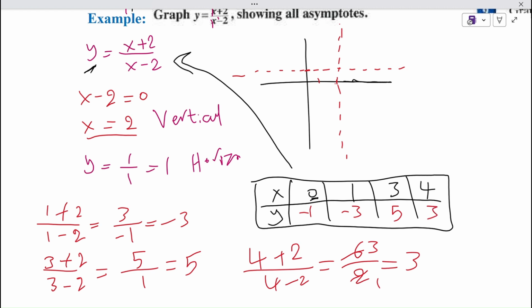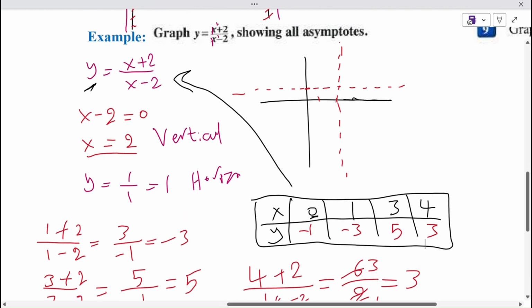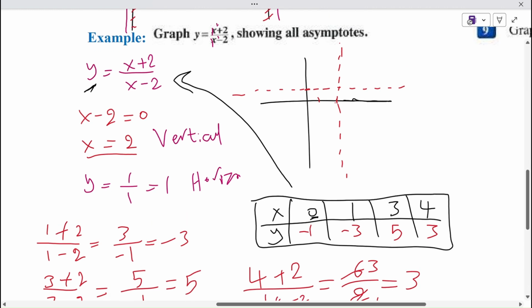Okay, let's put these points on the graph. If x is equal to 0, then y is equal to minus 1. Minus 1 is here.